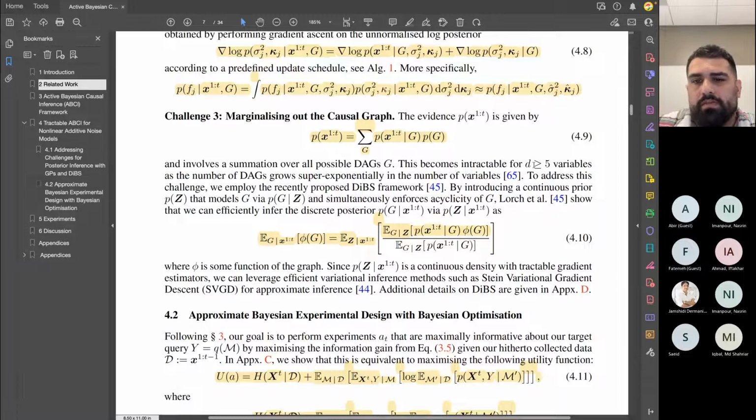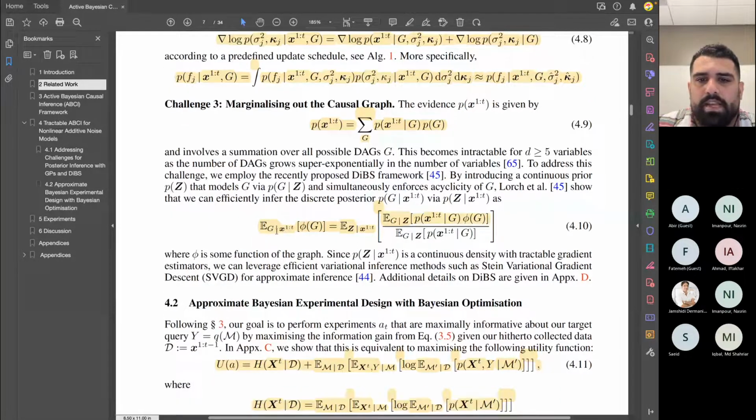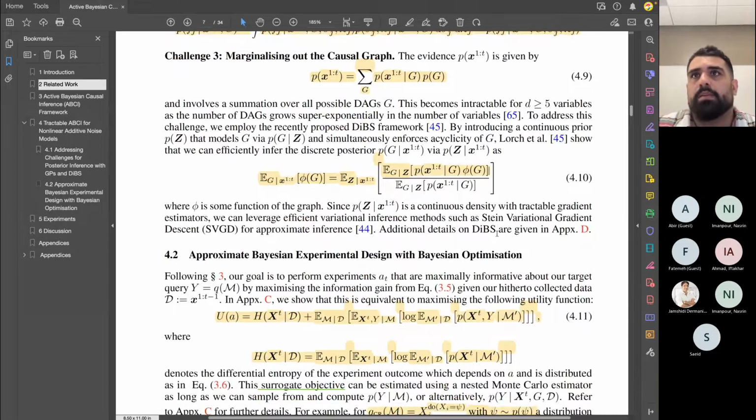I think D here refers to the number of nodes, as the DAGs grow super exponentially. So in order to solve that, they use this DIBS approach, the differential approach that they have developed before, because the problem comes down to solving this expectation. So they talk about a little bit more details on that.